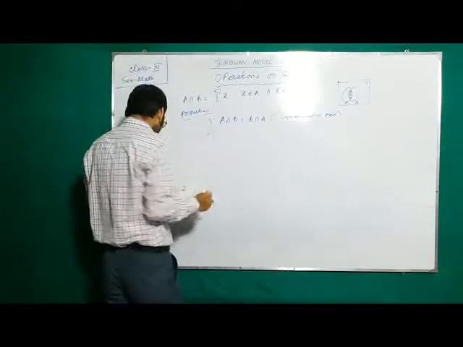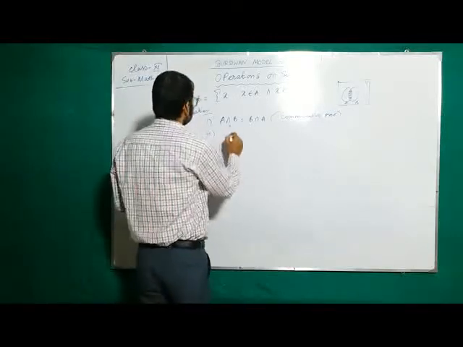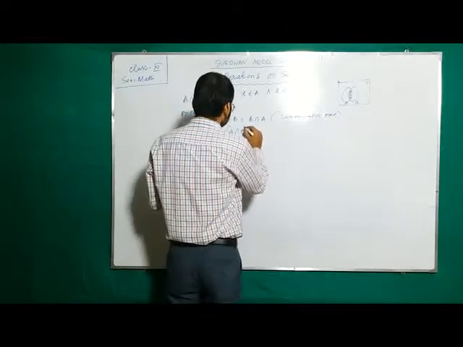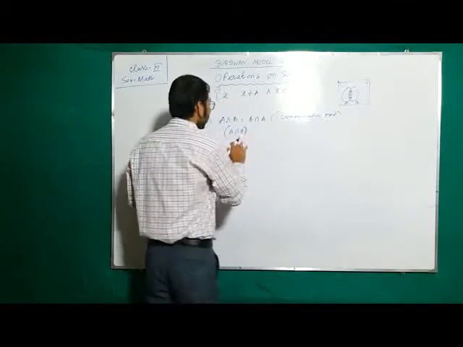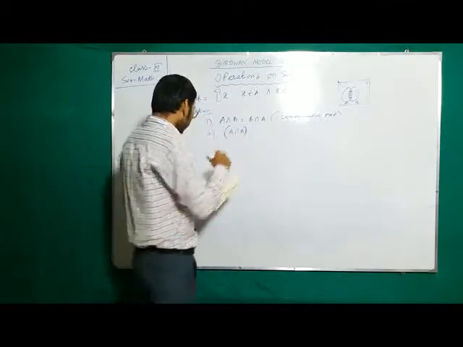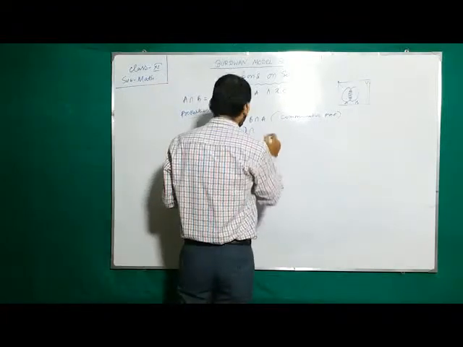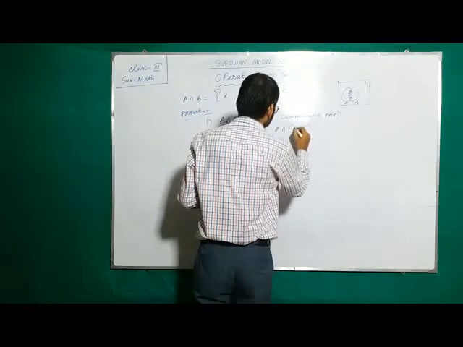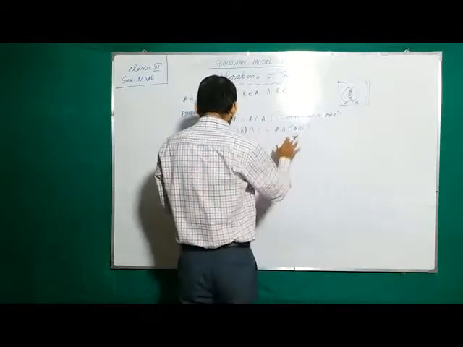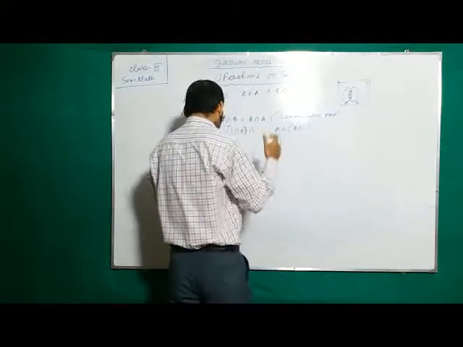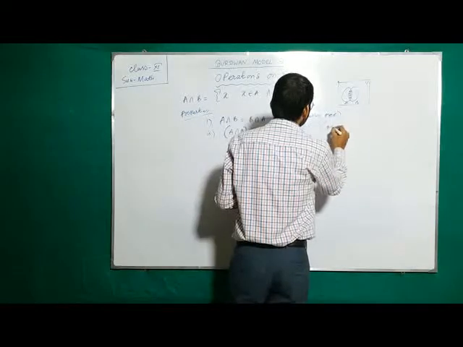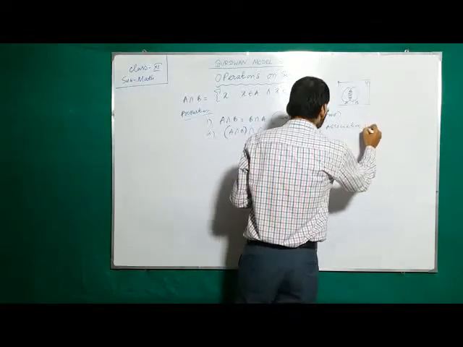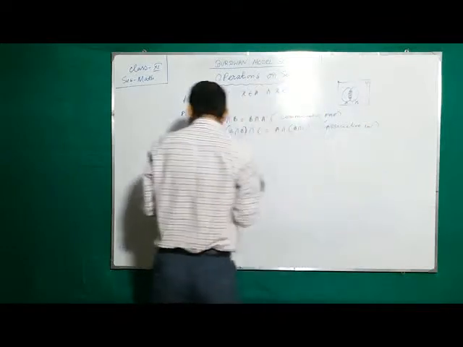Next one, number 2: first of all I have done A intersection B, then the intersection is done with C, giving A intersection B intersection C. Initially B intersection C is done, then A intersection with that. This is the associative property or law.